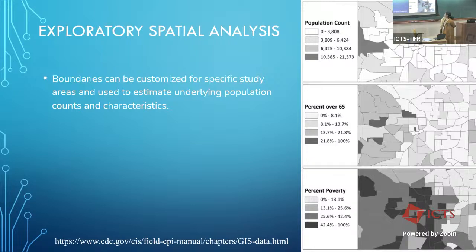So these types of maps are basically vectors, polygons, and each polygon is assigned a value. To actually visualize it, you can bin the continuous variable into categories that make more sense to you, and then you can look at patterns over space. Yeah, any questions on choropleth maps?